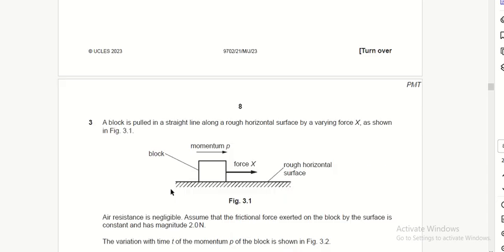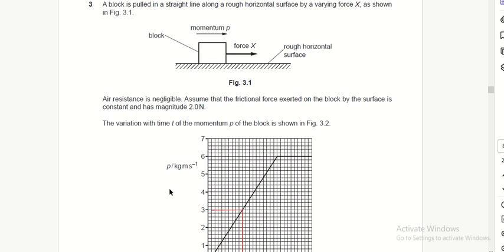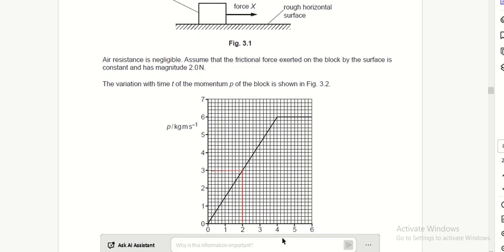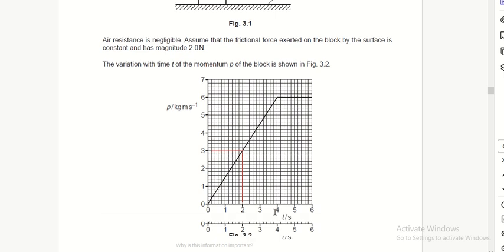So as we see here, P, how it is changing with time, we can see that there is a straight line, an increase in P, so delta P over t, which means the force is a constant force here through this portion till the 4 seconds.